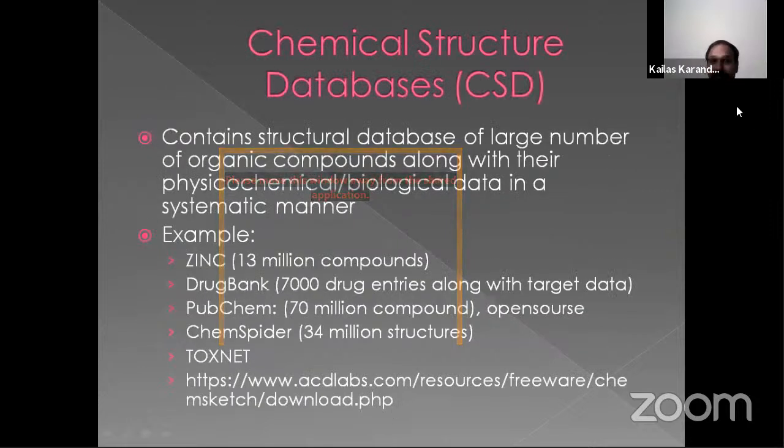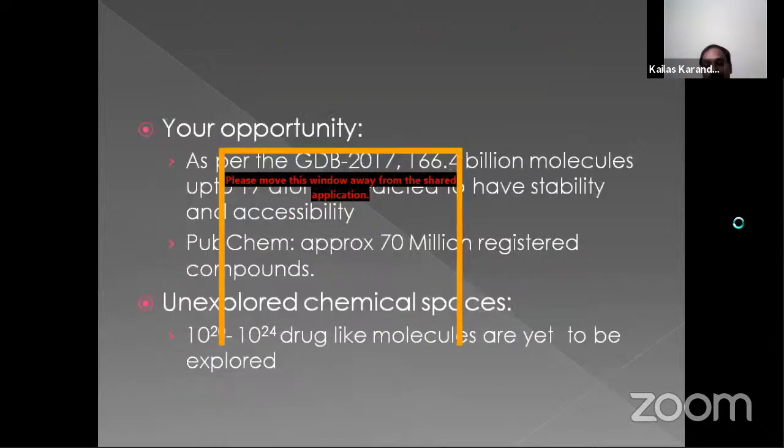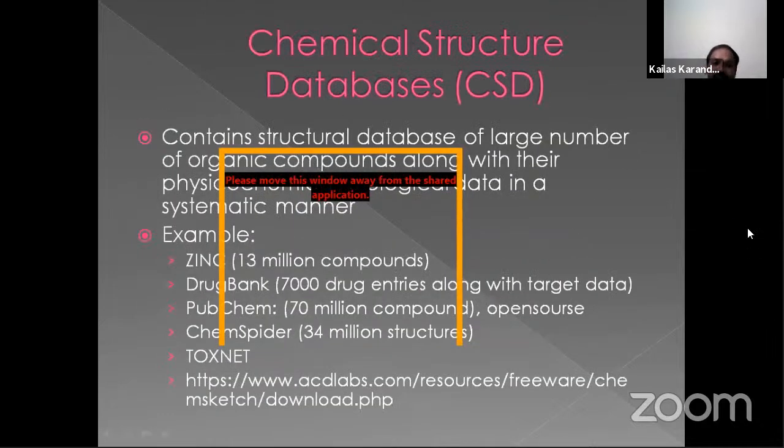One more database available is the chemical structure database, the CSD, which contains a structural database of a large number of organic compounds along with their physiological data in a very systematic manner. There are several examples, such as the ZINC database, DrugBank, again PubChem, ChemSpider, and Toxinet.